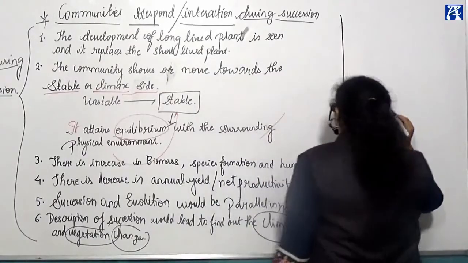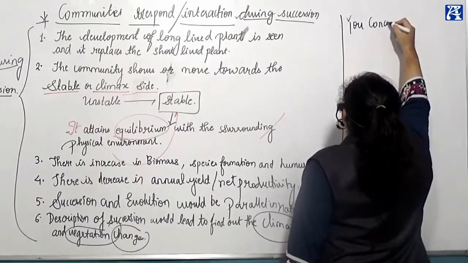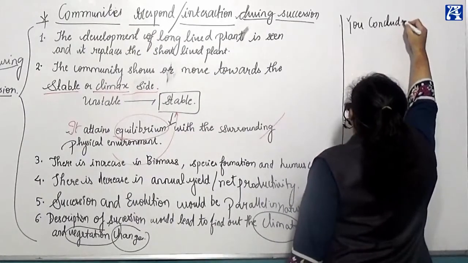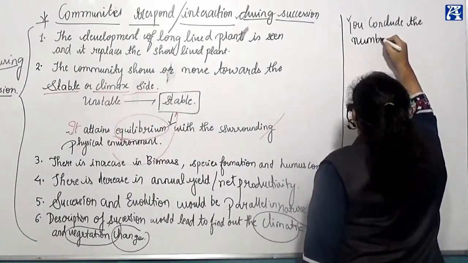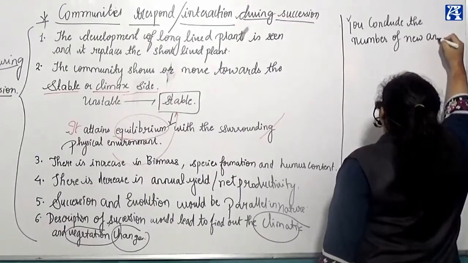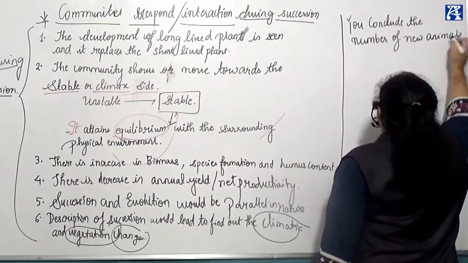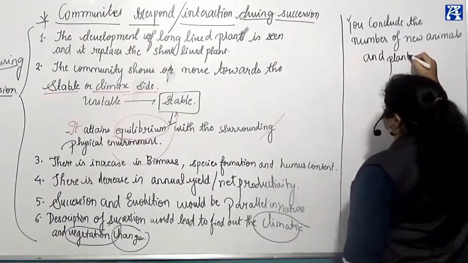When you come to know about these changes, you conclude the number of new animals and plants. When does this happen?